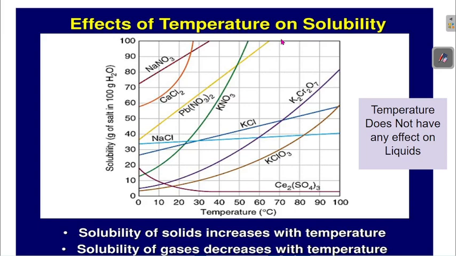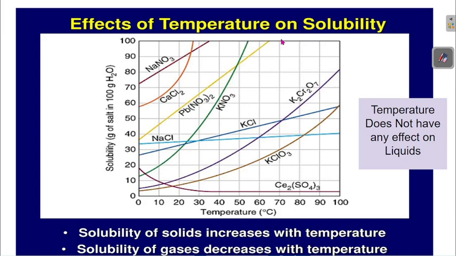On the other hand, when you have gases, what are you doing when you are trying to dissolve a gas into a liquid? You're trying to attract the gas in. But if you give energy to that system, to that solution, gas will be more affected by that temperature than the liquid will. Gas with more energy moves faster away from one another.